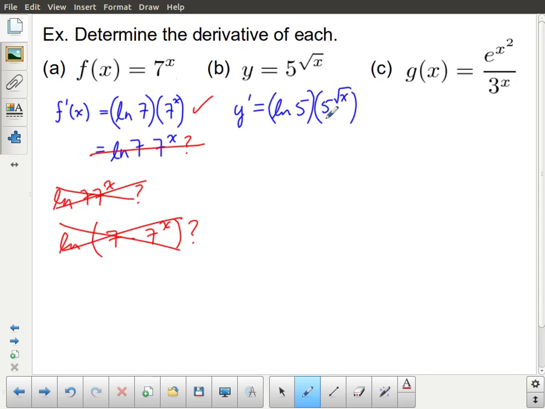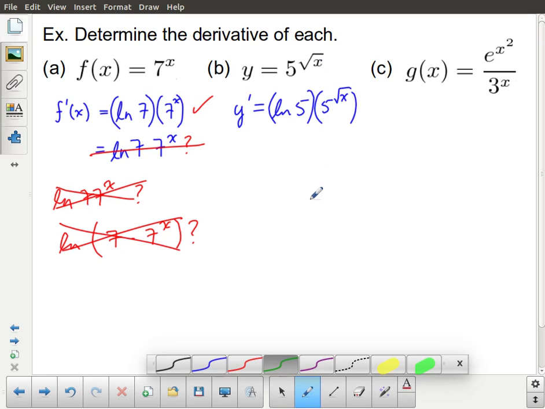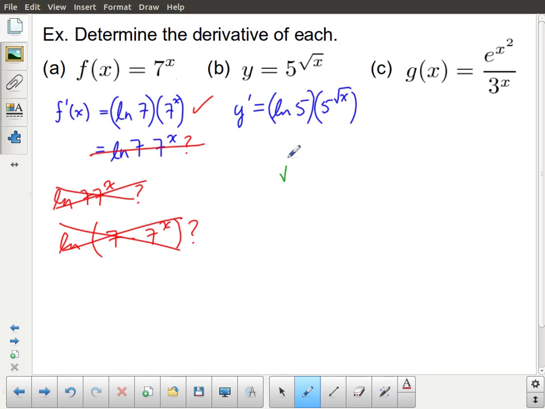But now I also have to multiply by the derivative of this. And if you need to, often maybe some separate work, square root of x is the same as x to the power 1/2. So the derivative, and now I'm going to use this Leibniz notation, d by dx of x to the 1/2, which is just another way of saying the derivative of x to the 1/2.